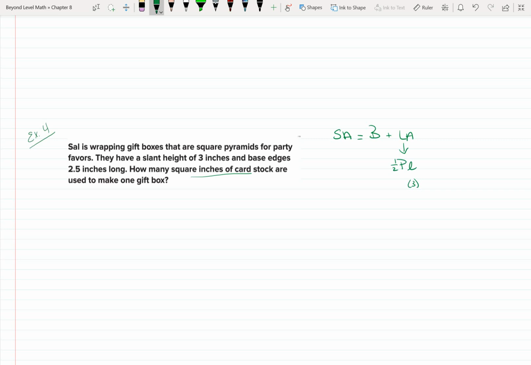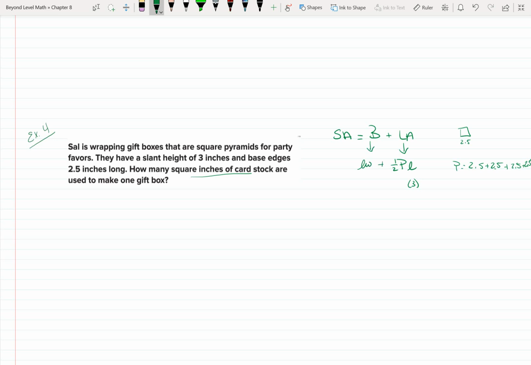So we know it's a square. We know the base edge is 2.5. To find our perimeter, we would do 2.5 plus 2.5 plus 2.5 plus 2.5, or 2.5 times 4. And for the area of our base, it needs to be length times width.